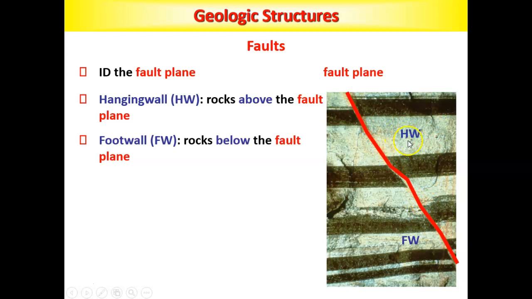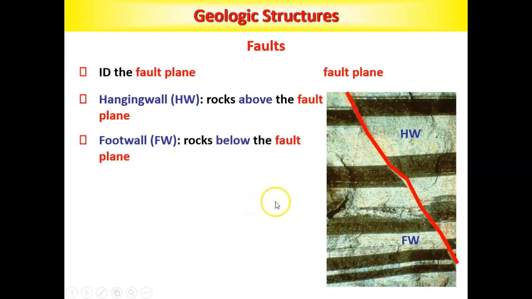But the trick is, hanging wall, footwall is important. If you don't remember the names for my class, it is not the end of the world, but I need you to always look at the correct block, which means if you identify the fault plane and you can figure out that I want to look at the block that is always above the fault and tell me which way it went, you can still identify the fault, okay?